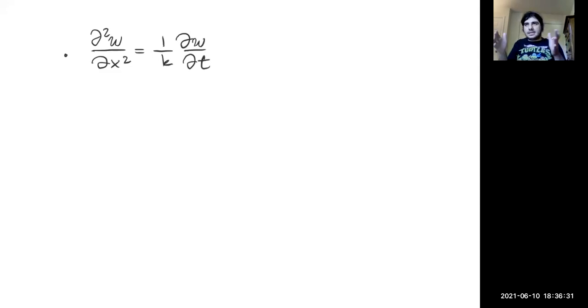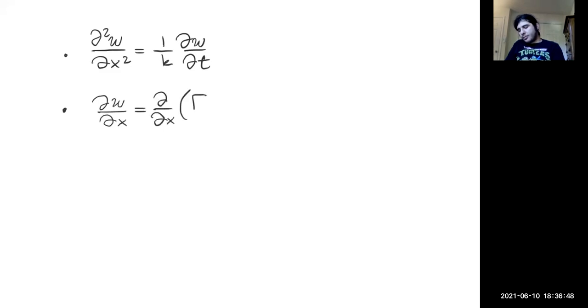Okay, so again, I would write our condition on every page because this is what we are trying to solve. The equation is similar to the equation we saw before. The equations for f1 and f2 are of course also similar, but I would write them again. So the derivative of w with respect to x would be the derivative with respect to x of f1 of x times f2 of t. f2 of t does not depend on x, so it comes out of the derivative.